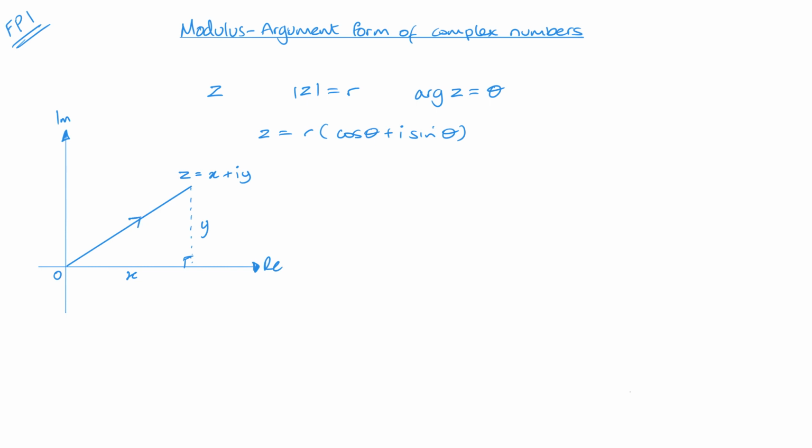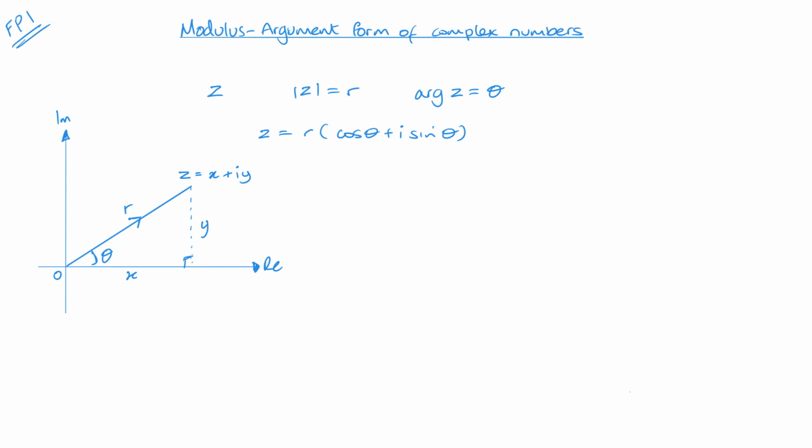And this vector will be r at the angle of theta. That's a bit better. Just in case you're unsure where this comes from, just think back.